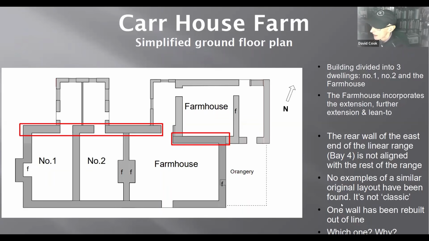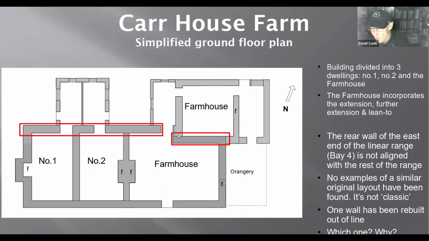Some things are similar to this, but they're always complex arrangements with lean-tos or additions. And the examples I have seen, I've not ever really been convinced, if I've looked at them in detail, that they're exactly the same as this, where you've got discontinuity like that.